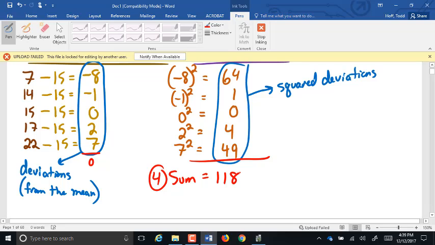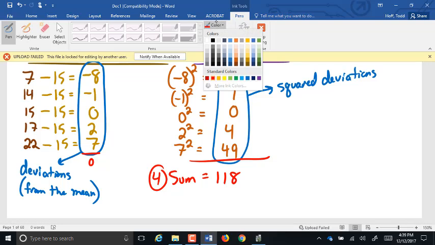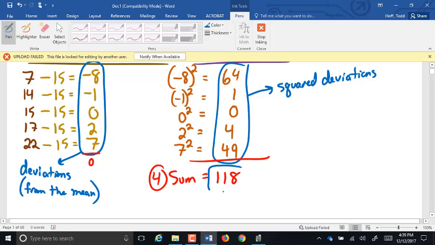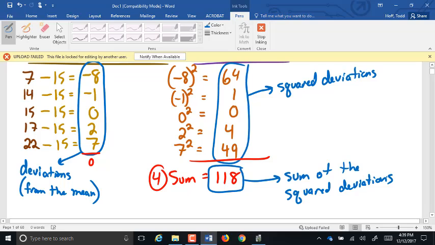No, 118. That is referred to as the sum of the squared deviations. Creative name, right?